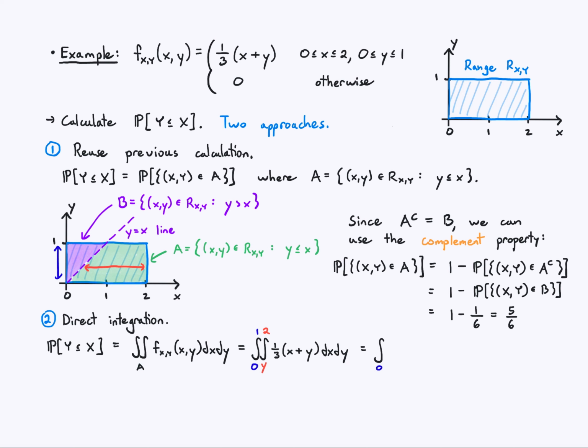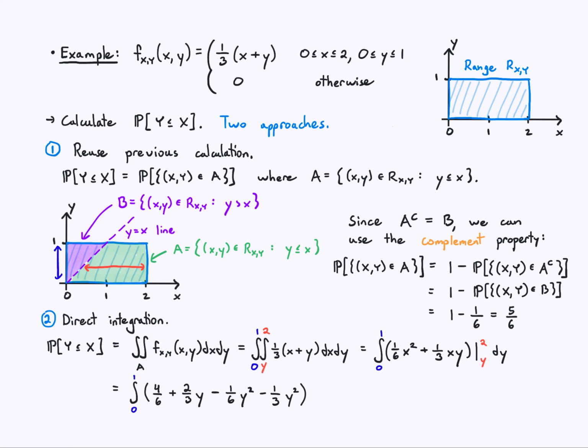Okay, and then I just work through the integral. So again, I have a sixth x squared plus a third xy, and that goes from y to 2, right? And then I'm just going to plug those in, and I'm going to get 4/6 plus 2/3 y, minus 1/6 y squared minus 1/3 y squared.